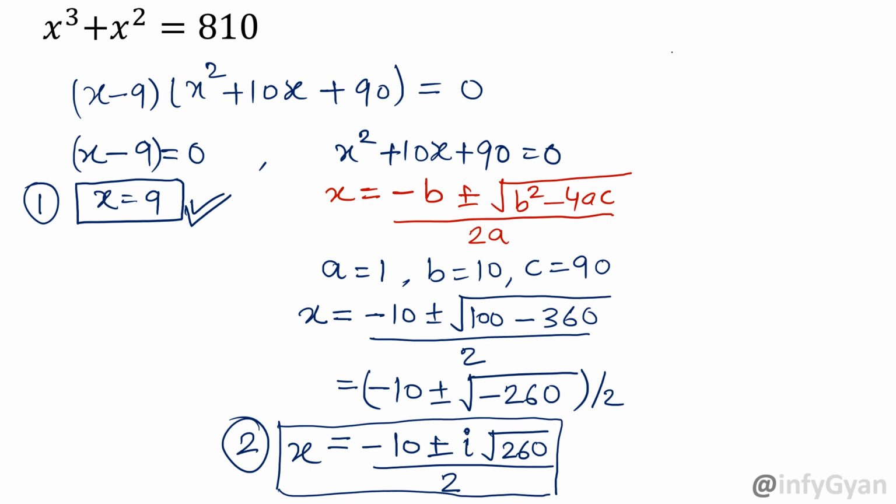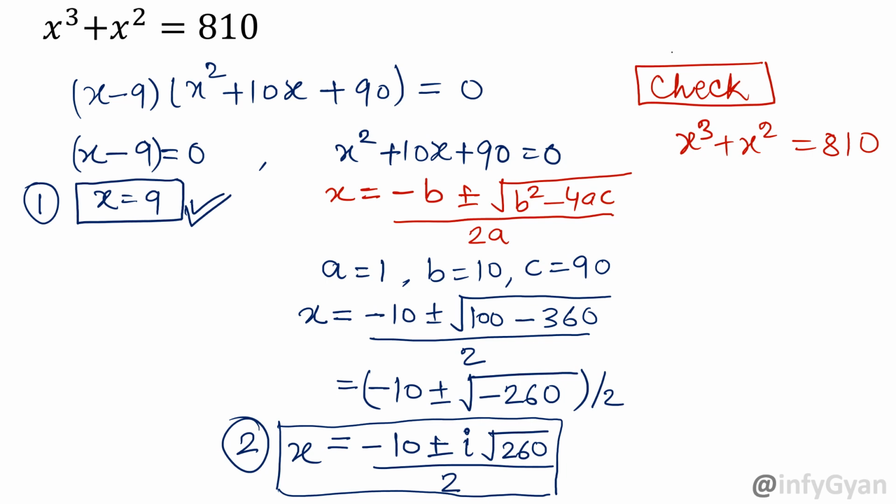Now I am just going to check whether this solution is correct or incorrect. So let me write there, check. Left hand side is x cube plus x square and right hand side is 810. Our solution is x equal to 9. This is what we already calculated from the beginning.